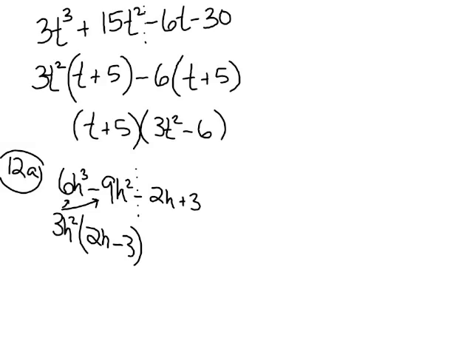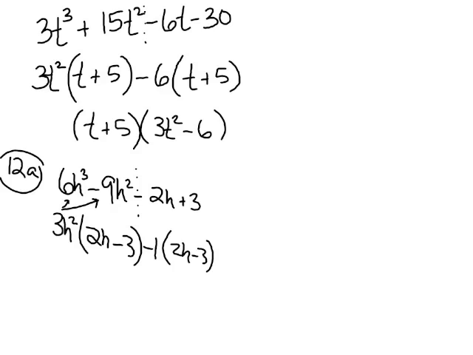So I want to get this so that it looks the same. What can I do to make it 2h minus 3 inside my next set of brackets? What can I put outside? Negative 1. Okay.